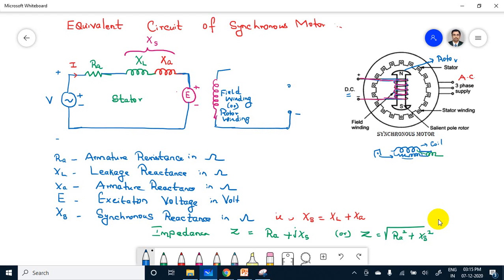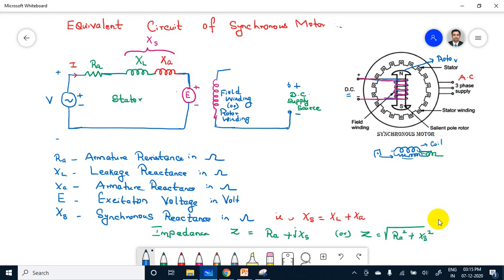And where it is connected, it is connected with the DC supply, minus, plus, and this one will be the DC supply source.